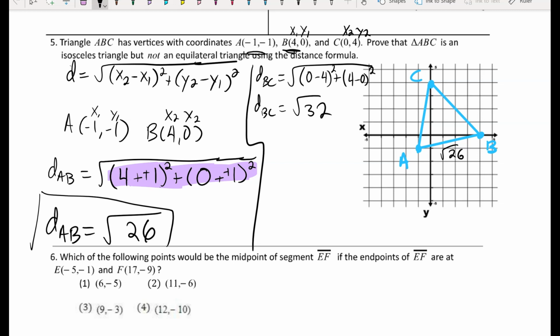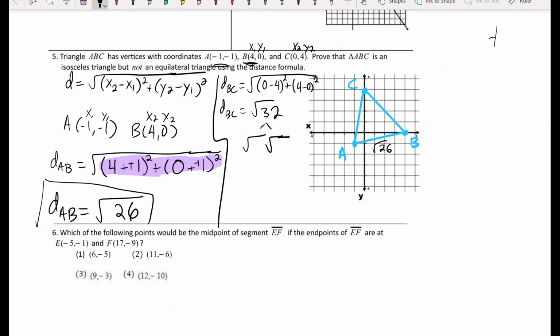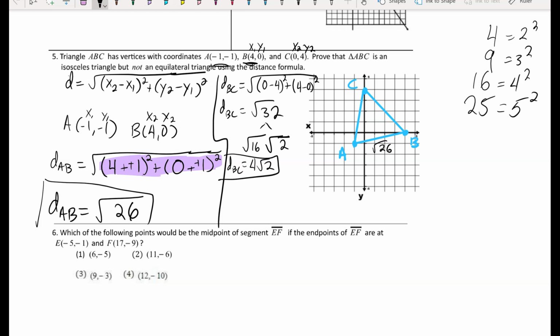Now I don't have to here, but just as a quick review, if I wanted to break that up, I asked myself, what's the biggest perfect square that divides evenly into 32? Remember, perfect squares are numbers like 4, 9, 16, 25, because that's 2 squared, that's 3 squared, that's 4 squared, that's 5 squared, so it's just a good idea to have those memorized. And if you try a couple in your calculator, you'll find that 16 times 2 is also 32, and radical 16 is just 4. So in simplest radical form, side BC is 4 radical 2.